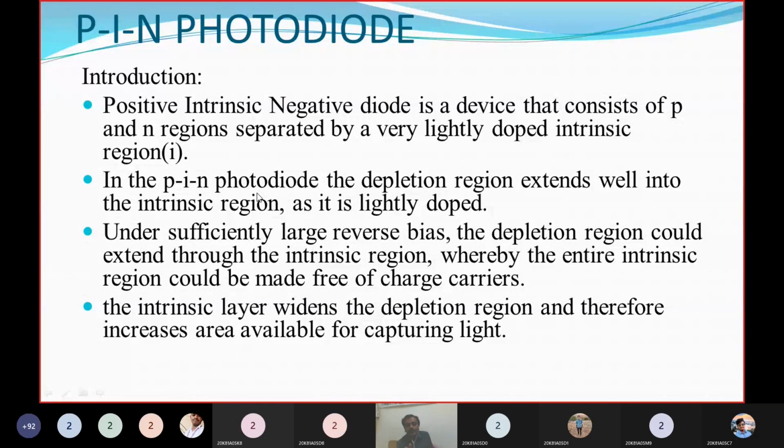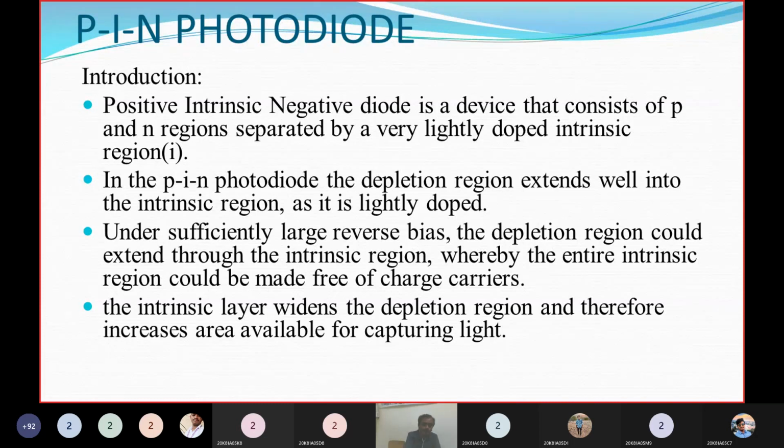This is the construction of the PIN diode. Why do we take it like this? To increase the area of the depletion region.